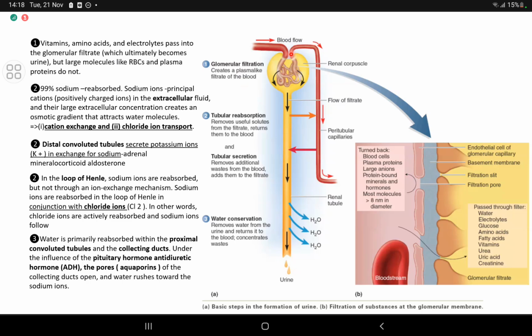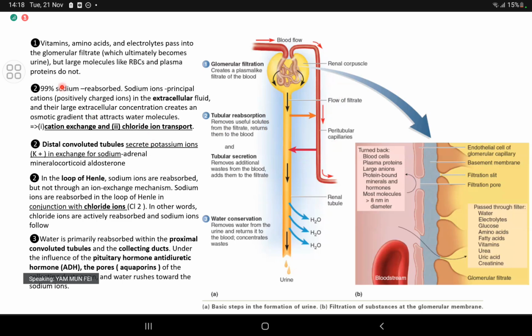Okay, clear? Second thing is that 99% of your sodium we are going to reabsorb, either through your tubule or through your loop. Only a small amount we are going to excrete out.